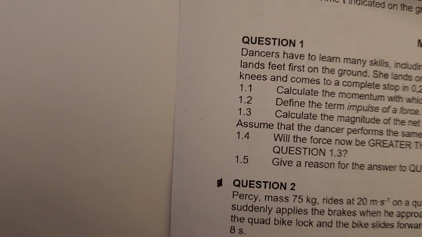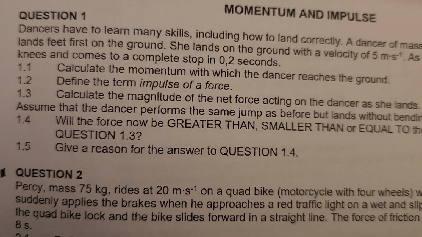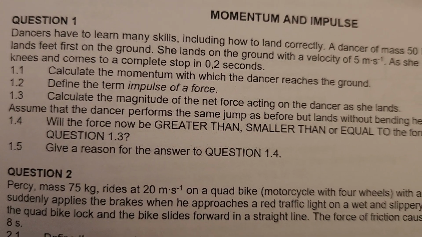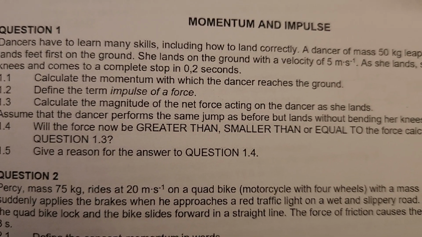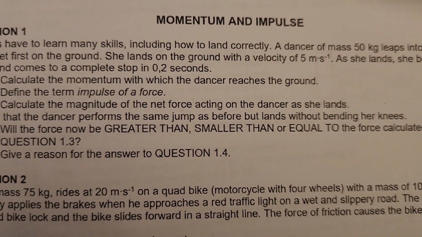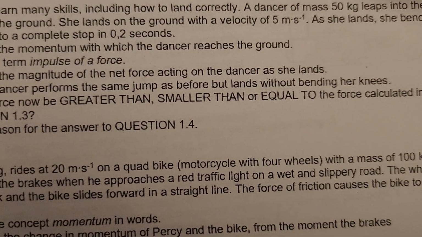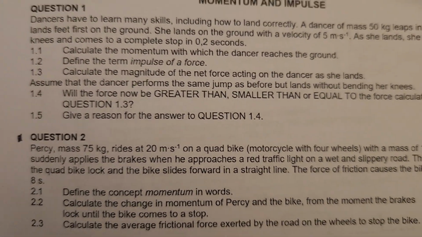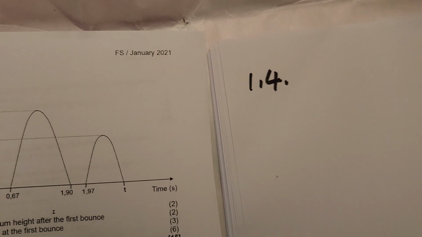Now the next question says, okay, fine. Now it's explanation time. They say to us, assume that the dancer performs the same jump as before, but lands without bending the knees. What will happen now if the dancer does not bend the knees?